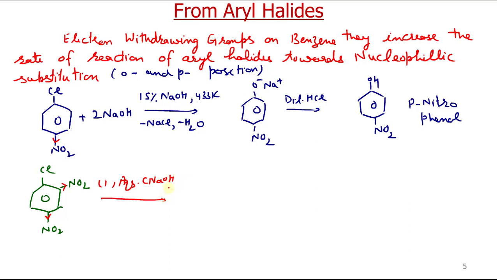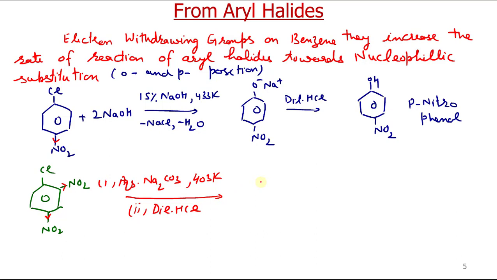Even aqueous sodium carbonate, which is less basic than sodium hydroxide, can work, and the temperature is also less, 403 Kelvin. The second step will be, as usual, acidic hydrolysis, because first we get the sodium salt of this compound.